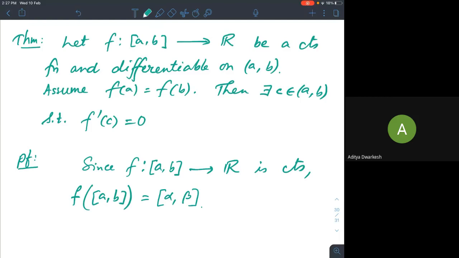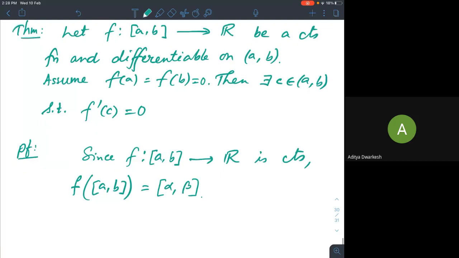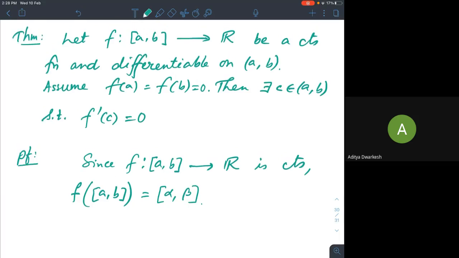So this is not the correct assumption. f(a) and f(b) equal to zero, right? You don't have to assume them to be equal to zero, just for them to be equal. That is true.